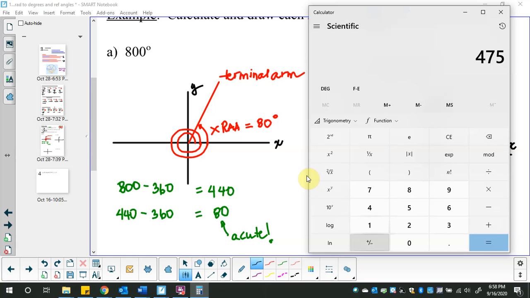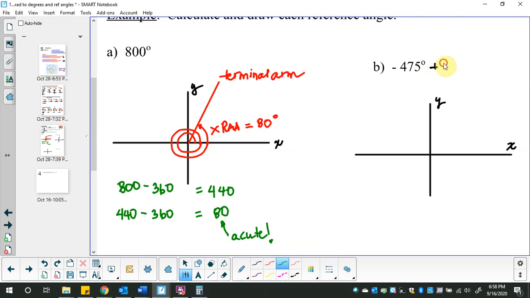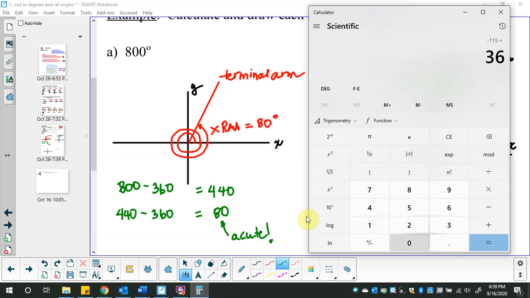So 475 degrees negative, and instead of subtracting 360, I can add 360. I'm going to show my work. And that's still not acute. It's negative, which is bad, and it's over 90, so it's doubly bad. So I'm going to take negative 115, and I'm going to add on another 360 degrees. It's on my calculator, so I can just keep doing it. And that's 245.